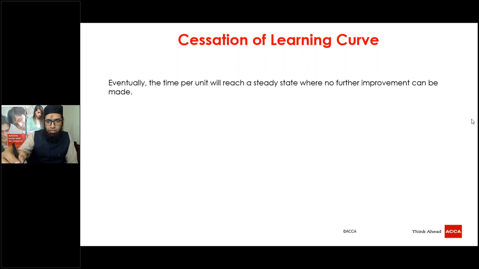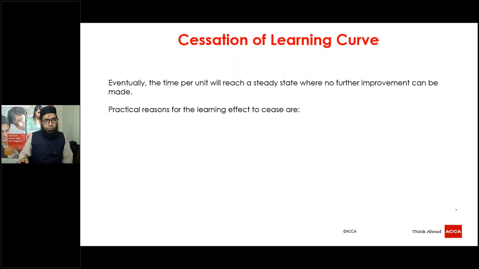Okay? And what is the reason? This is what we are actually discussing right now: the cessation of the learning curve. Eventually the time per unit will reach a steady state where no further improvement can be made. There are a few practical reasons for that.